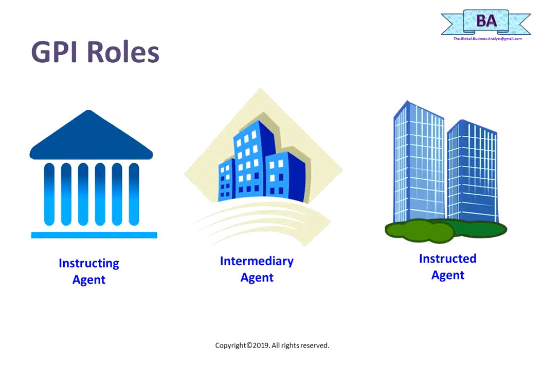The agent which sits between the instructing and the instructed GPI agent is the intermediary agent, and the instructed agent is the agent that is instructed by the previous GPI party in the chain to carry out the set of GPI instructions. Just to be sure, it's not necessary that the instructed agent will be the beneficiary bank. It can be the beneficiary bank or the last GPI agent in the transaction chain.